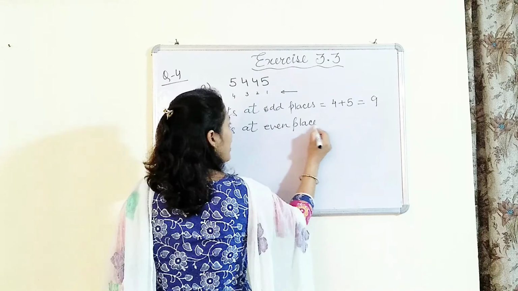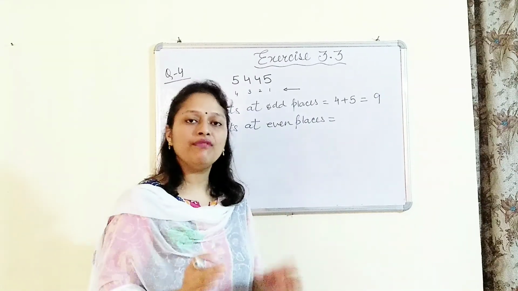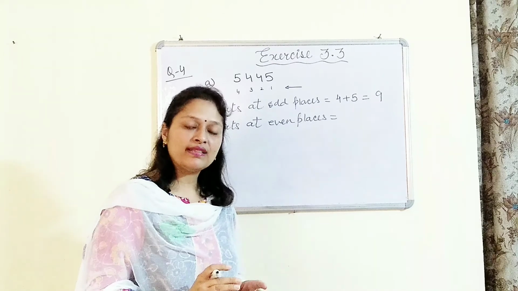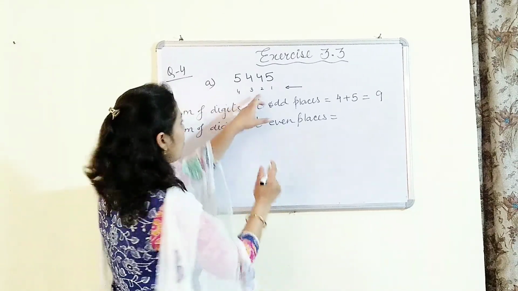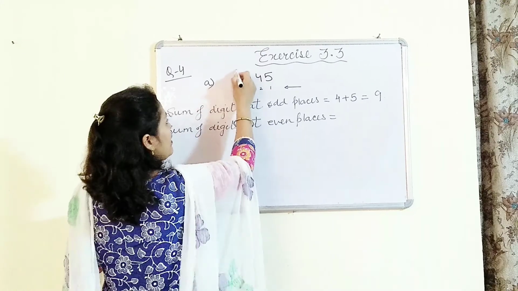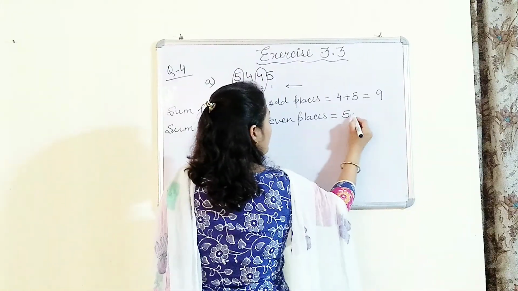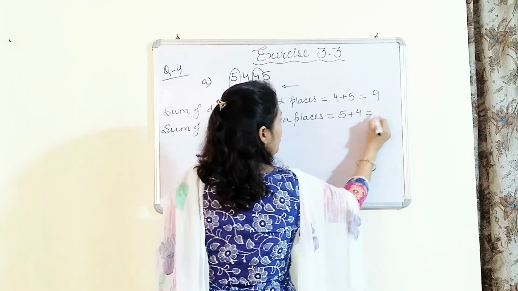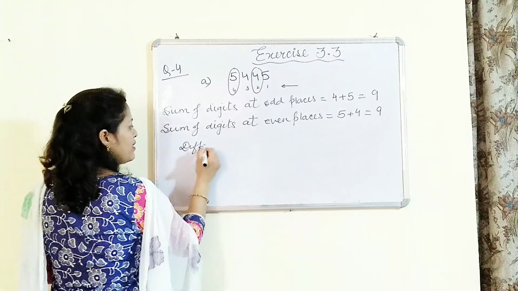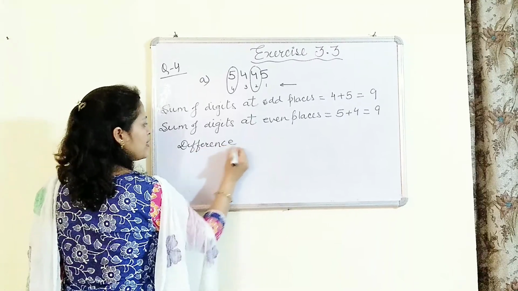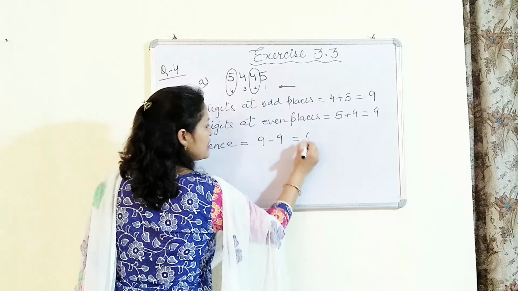I am again and again saying, I am not saying that you have to find the sum of even digits. You have to find the sum at even places or odd places. The digits at even places are 5 and 4, so you will add 5 plus 4. It will give you 9. Now you will find the difference: 9 minus 9. What is the difference? 0.